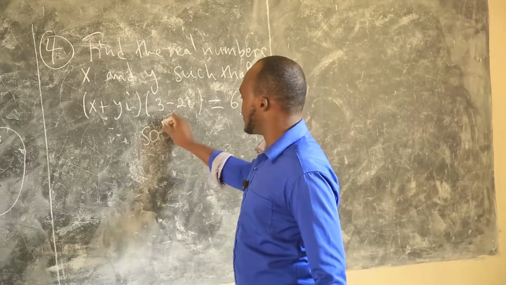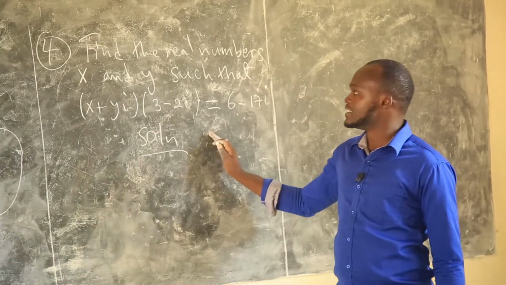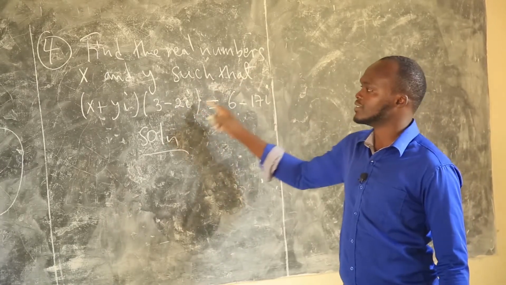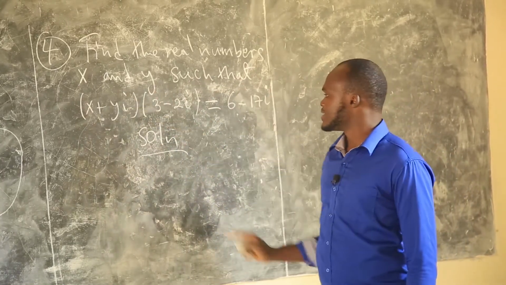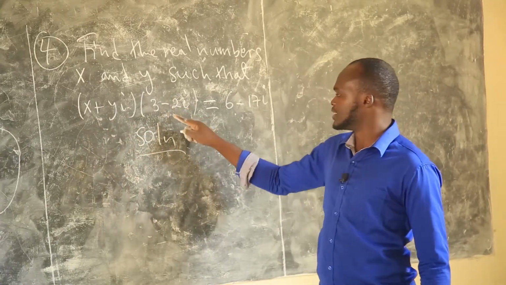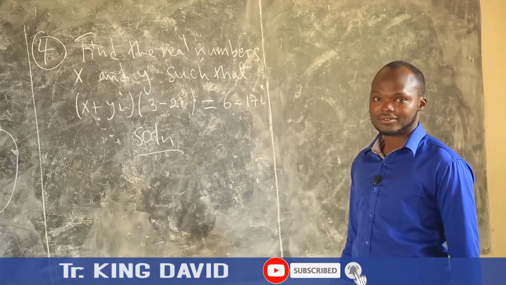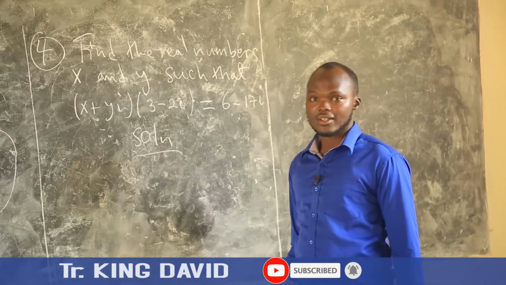So we're going to try that one. Please, anyone who can try this number. It is saying find the real numbers x and y such that (x + yi) times (3 - 2i) equals 6 - 17i. So who can try this?